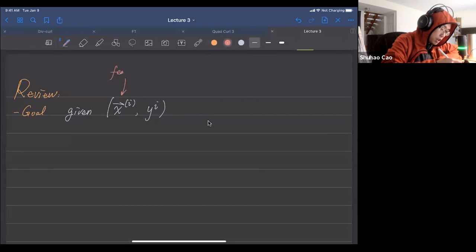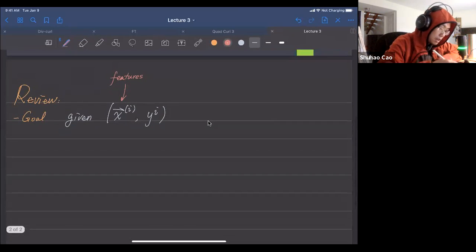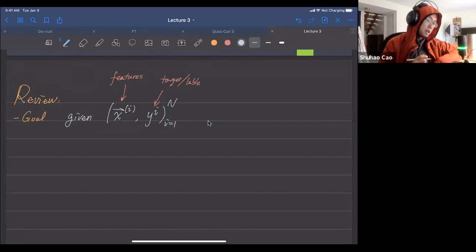In the machine learning context, people call this x the features, and this one the target or label. Let's assume we have a total of capital N samples.